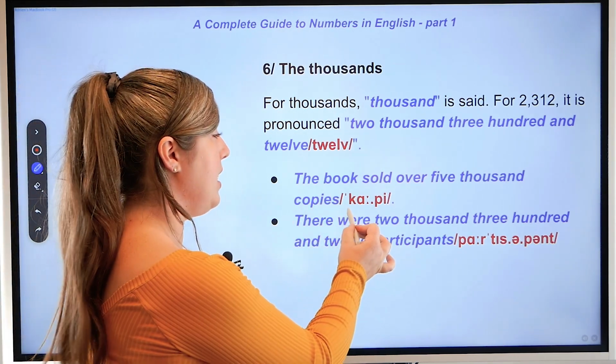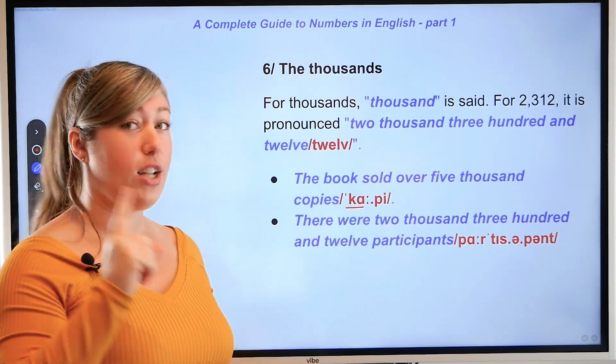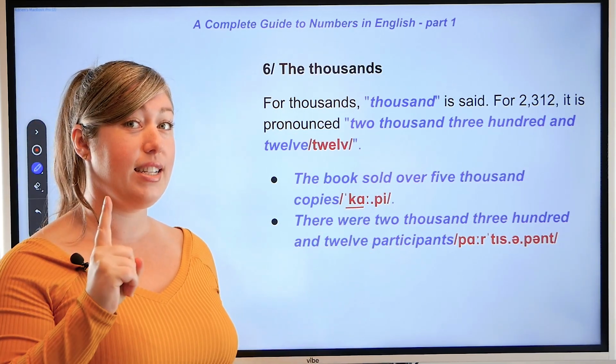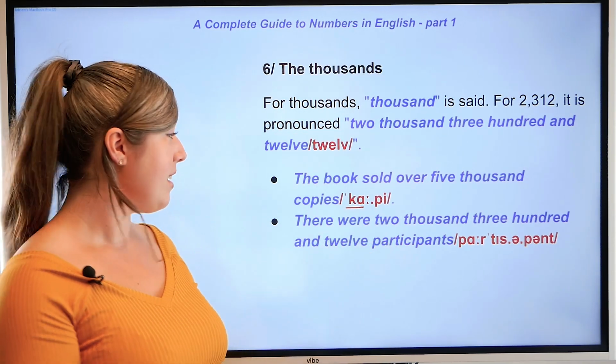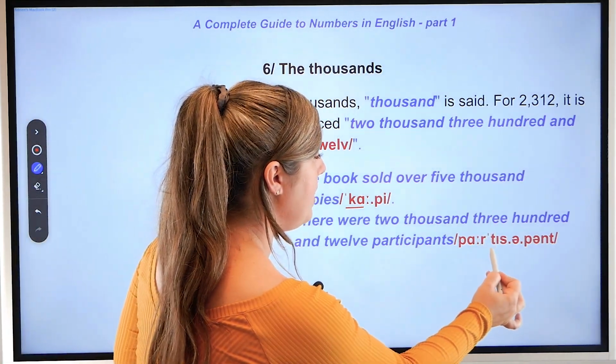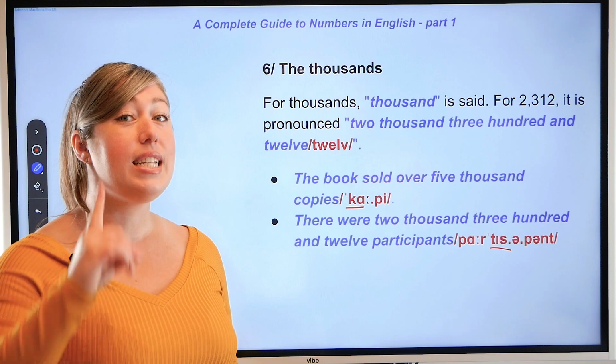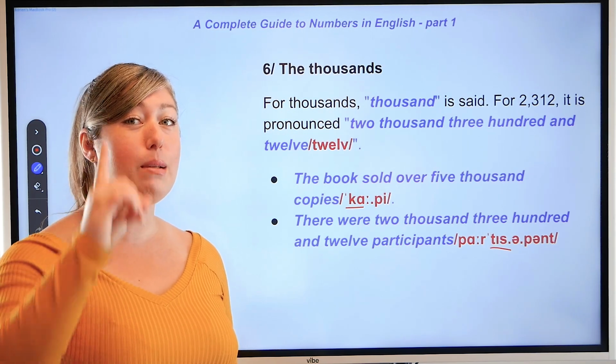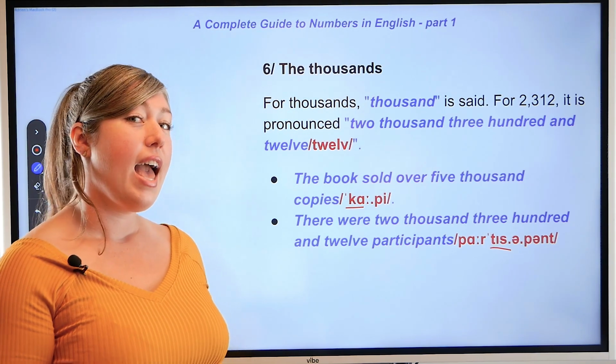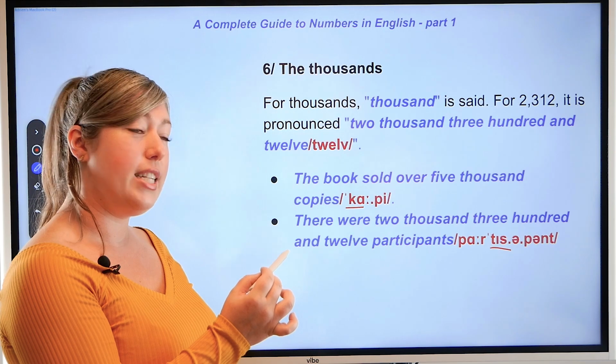Going back to check pronunciation, copies has a stress on the first syllable, copies, copies. And participants has a stress on the second syllable, participants, participants. And here's something I want to draw your attention to.